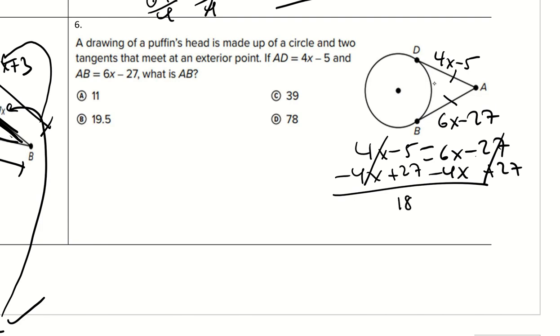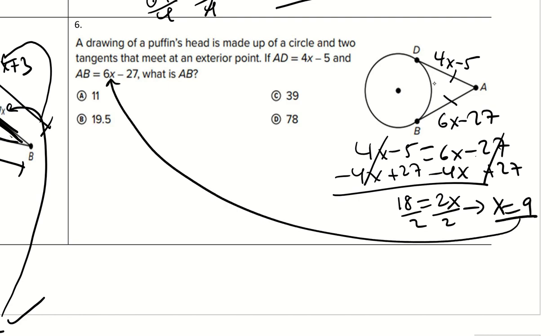27 minus 5 is 18. 6 minus 4 is 2. So we got 2x. Divide by 2. X is 9. Then we're going to plug it into AB. 6 times 9 minus 27. Let me make sure. I feel like I messed up something.